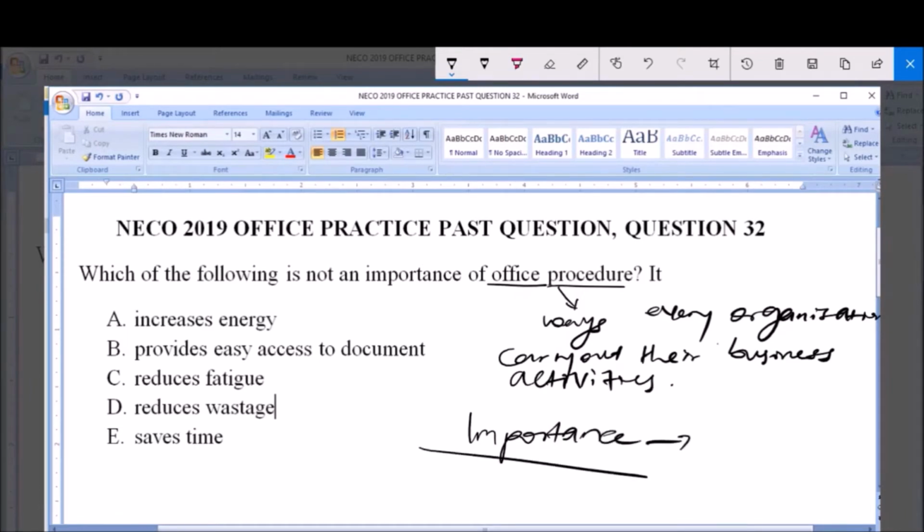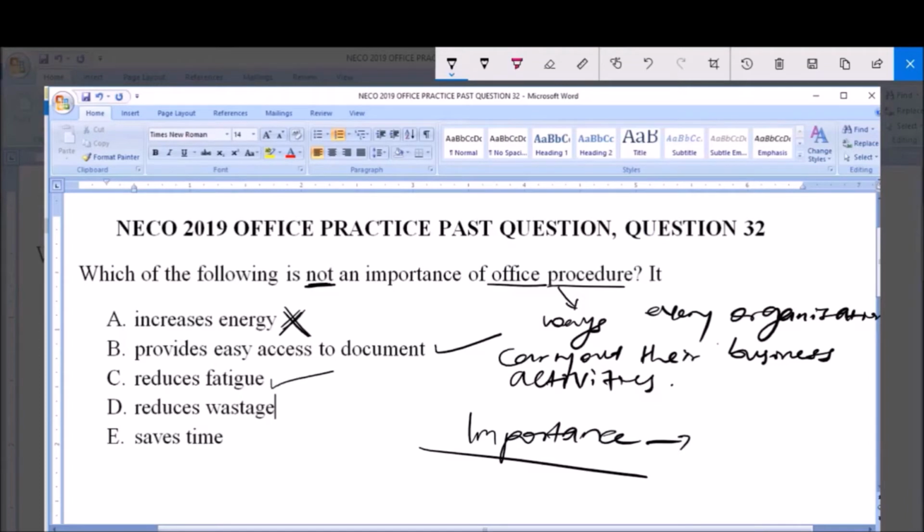Now the question says we should pick an option which is not an importance of office procedure. Option A says increases energy. Office procedure does not increase energy at all. B says provides easy access to documents. Yes, office procedure provides easy access to documents because it enables them to be easily located. C says reduces fatigue.